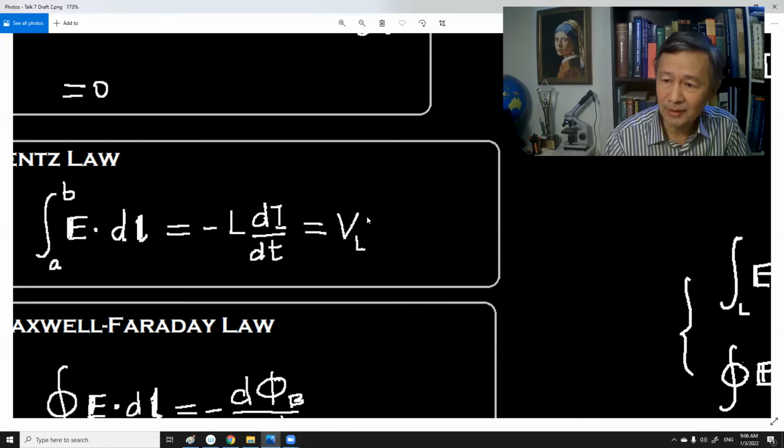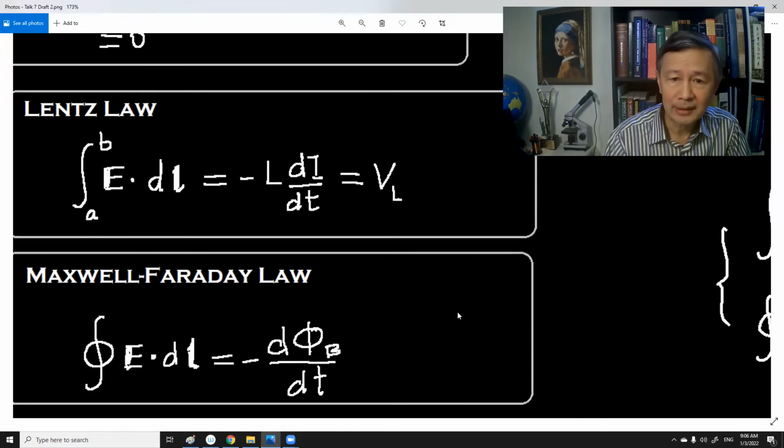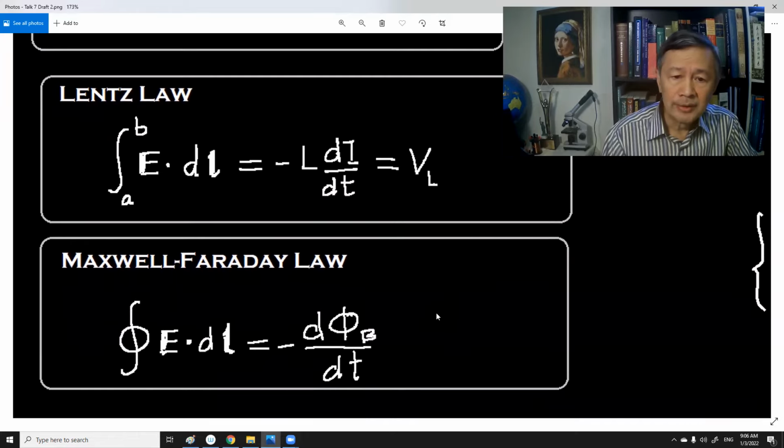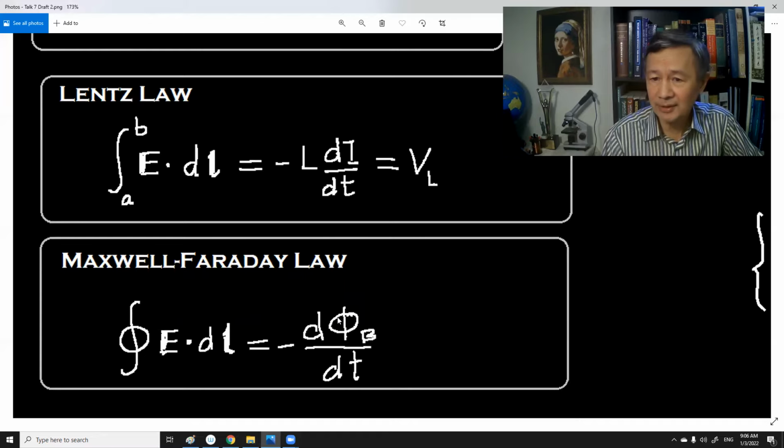I will discuss this term later. And secondly, the Maxwell-Faraday law deals with the integral over any loop confining an area or cross section defined by the magnetic flux.